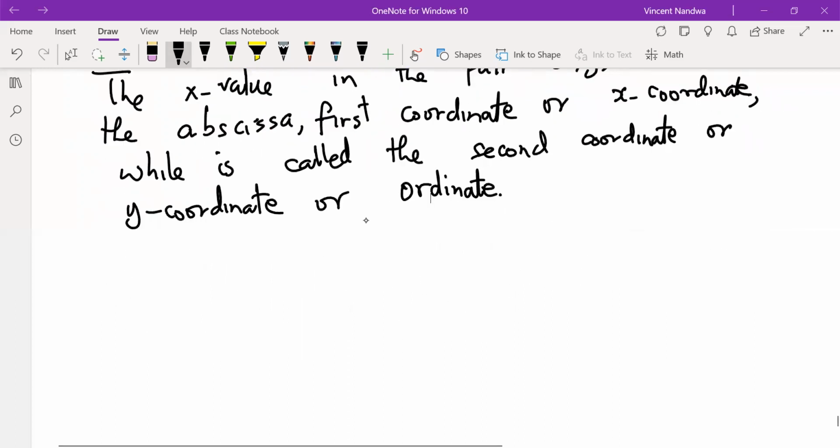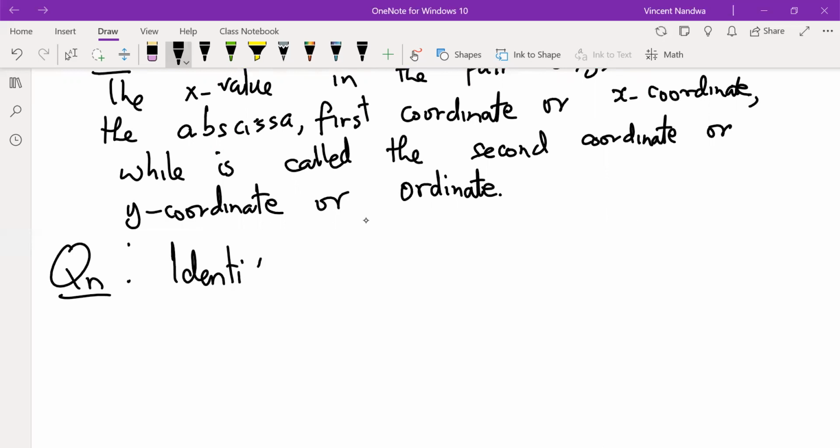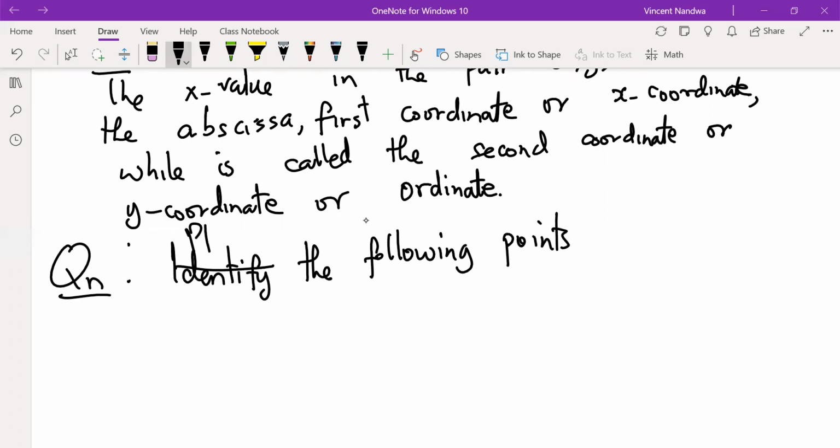So, form of a question: identify, or I just say plot, the following points in the Cartesian plane.